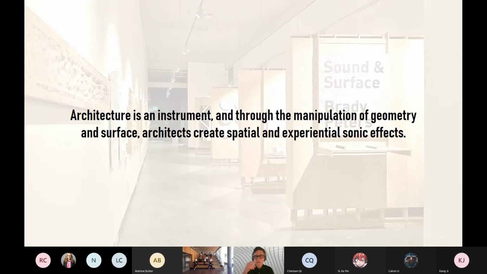One of the main findings of the work is that we can really think of architecture as an instrument, right? Through the manipulation of geometry and surface material, we as architects can create spatial sonic effects and create this acoustic experience within buildings, right?